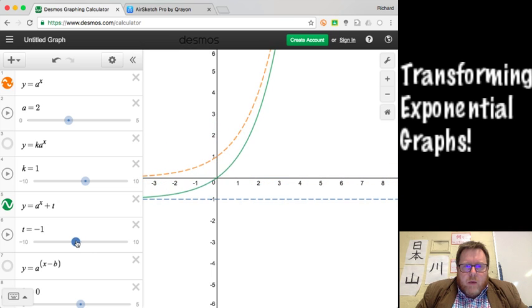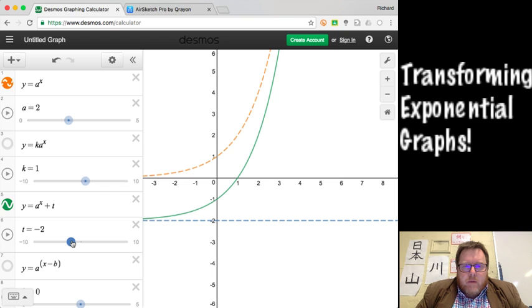But what might not be obvious is that although the y-intercept is pretty clear, in that when I have t equal to negative 2, I've gone down 2 units, so my new y-intercept is negative 1, that's no drama.